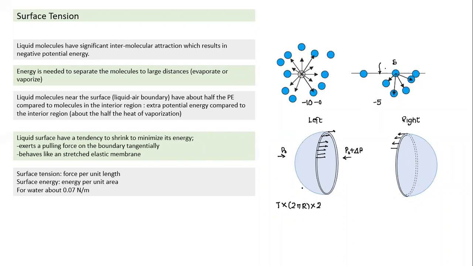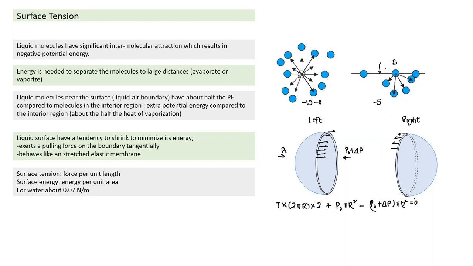We have seen earlier that pressure force is always perpendicular to the surface. The resultant of a constant pressure force on any curved surface, taking the x component, is equivalent to the projection of area perpendicular to the x direction. Its projection is pi r square. So the force will be this plus P naught into pi r square. And this other force will be minus P naught plus delta P into pi r square.